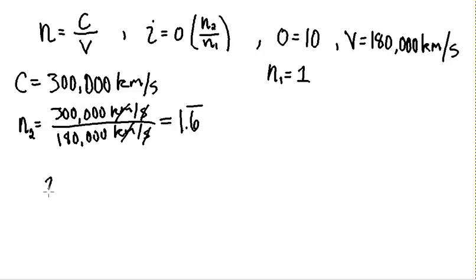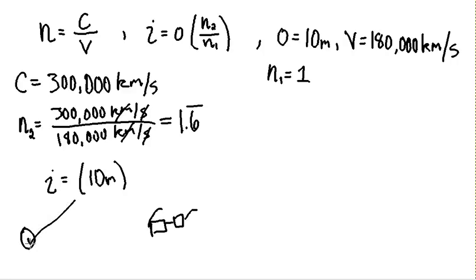Alright, so that's it. We have everything. We want to find our image distance. We know that our object is 10 meters away from the lens. Or think about this as a person wearing glasses. With some of these problems, it might be a good idea to try and picture what's going on. There's an object.